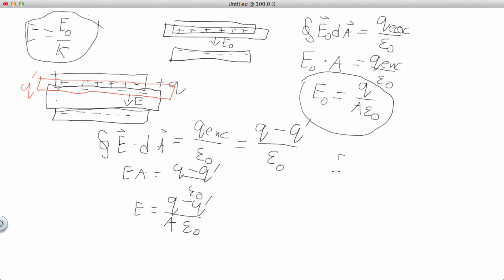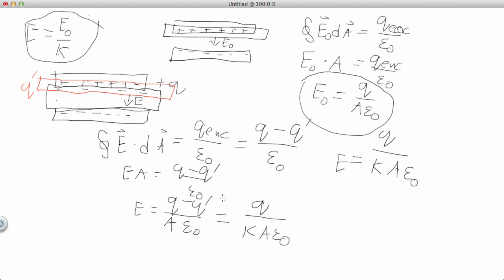That E, so I'm taking this E, replacing this E naught with this, equals Q over kappa A epsilon naught. Okay, so now I have E equals Q minus Q prime over A epsilon naught. And I have that that is also equal to Q over kappa A epsilon naught.